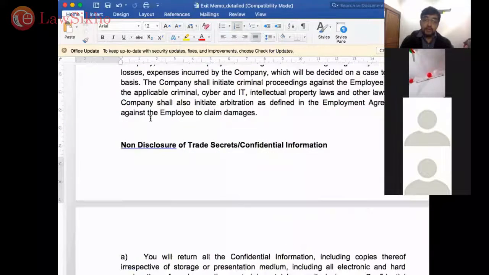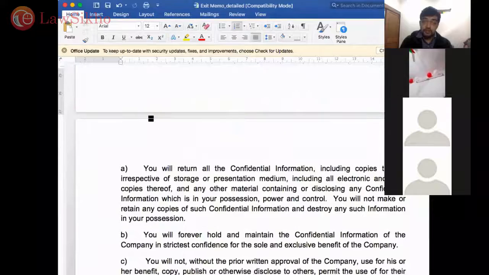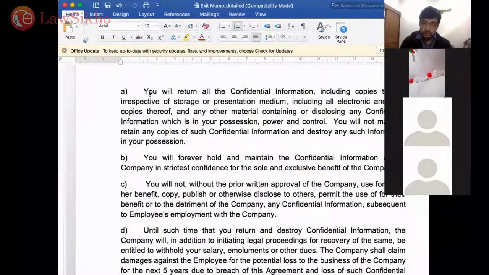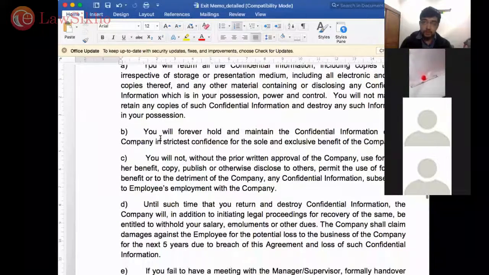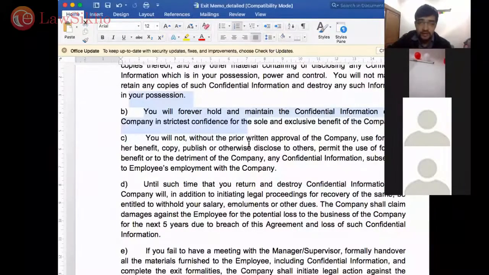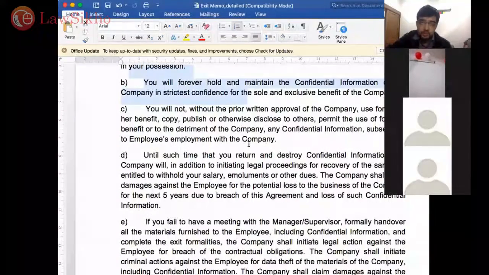So now here, non-disclosure of trade secrets and confidential information. So you will return confidential information and any copies you hold, and here it's written you will hold confidential information in strictest confidence. You can change the language. You can make it simpler. You can make it shorter. That is all fine.